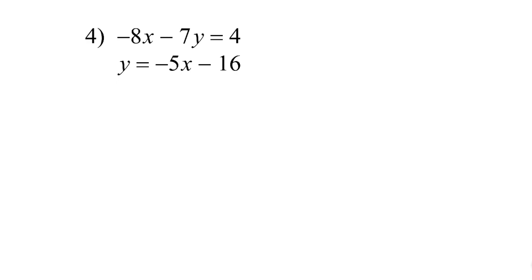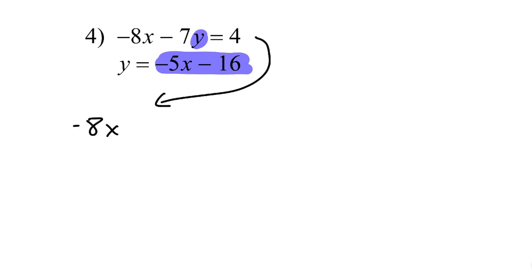Alright, now here, this equals y, so we're going to substitute it in for y right there. So here we'll have negative 8x minus 7 times (negative 5x minus 16), when we do that substitution, is equal to 4.